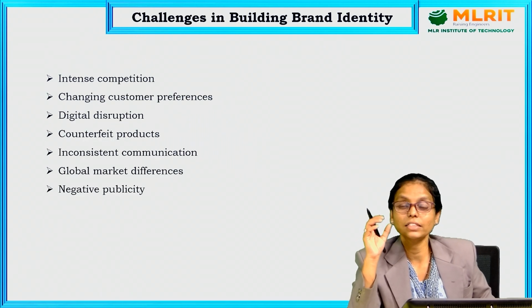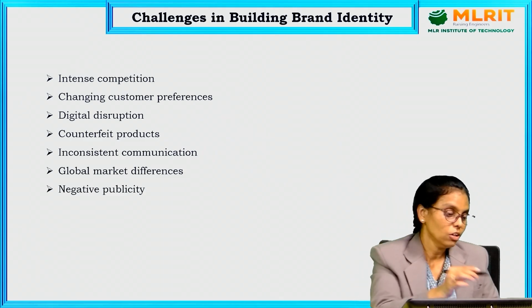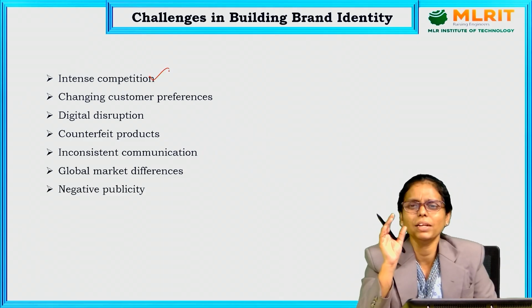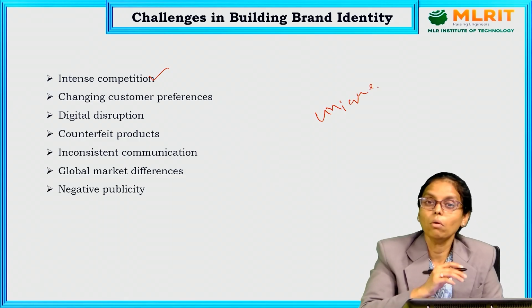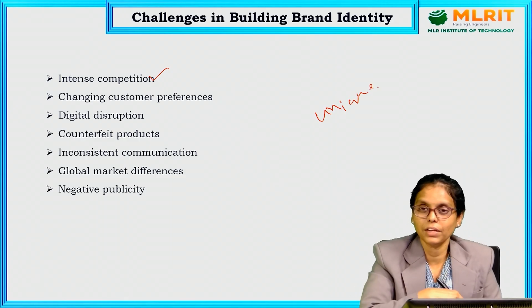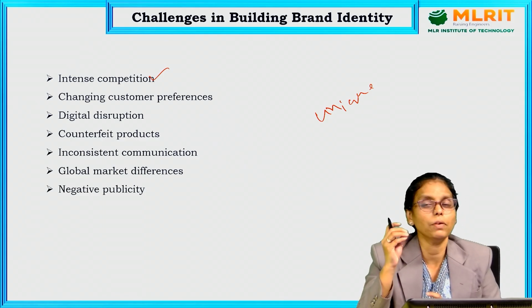Now, what are the challenges that companies face while developing a brand identity? Intensive competition. As the competition is very huge, how can I create uniqueness? Previously, if we look 10-15 years back, the names of people and names of movies were very creative.